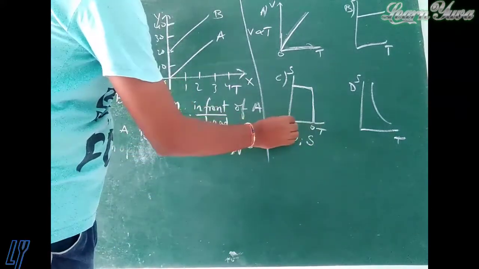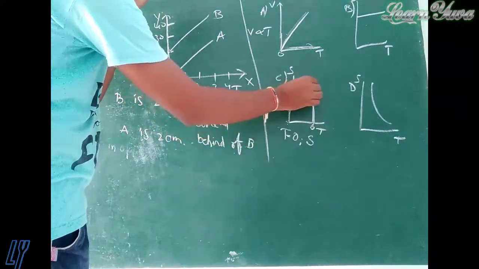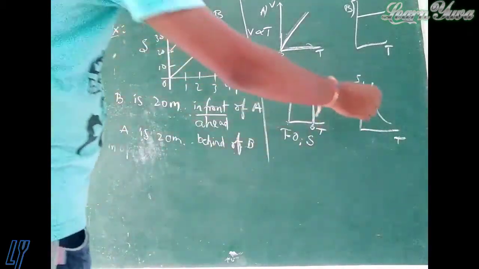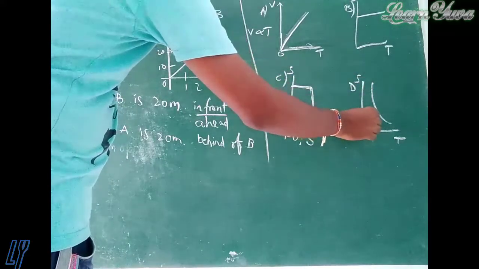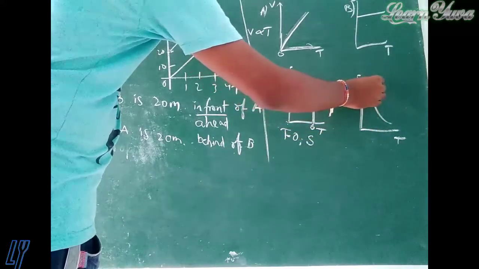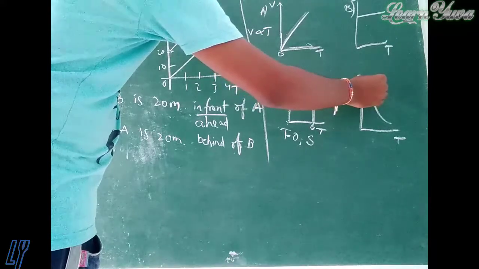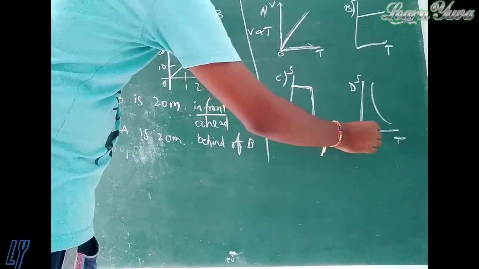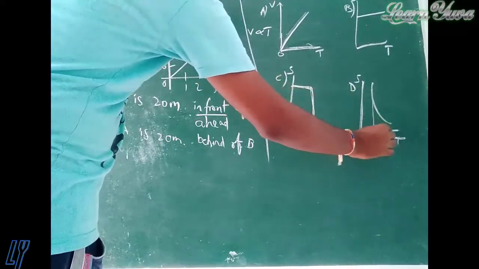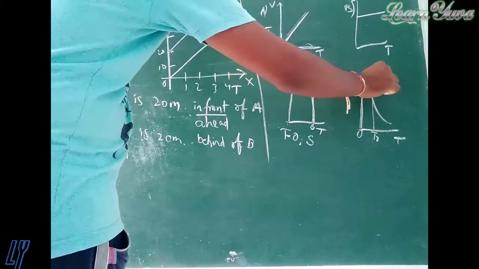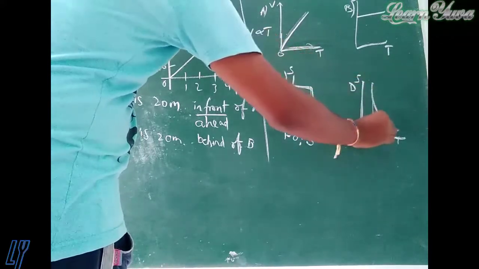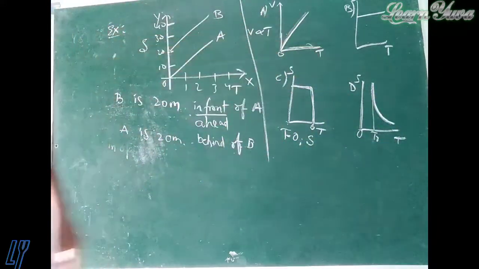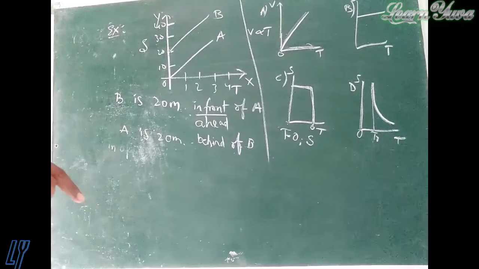In this other case, at a particular time t0, it has some velocity. As the time increases, the velocity goes on decreasing.